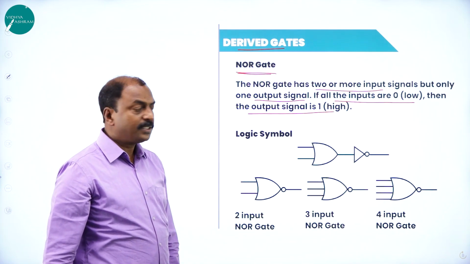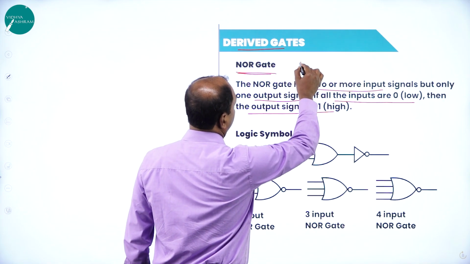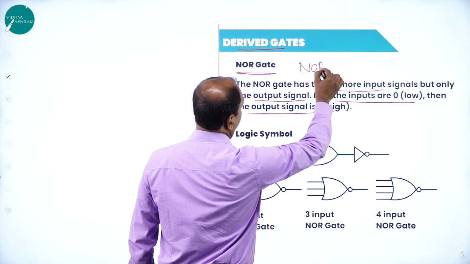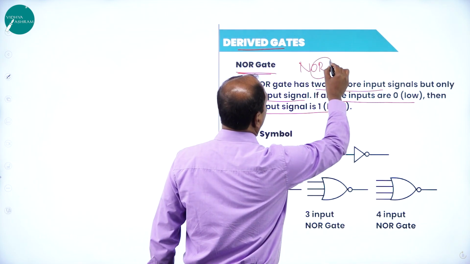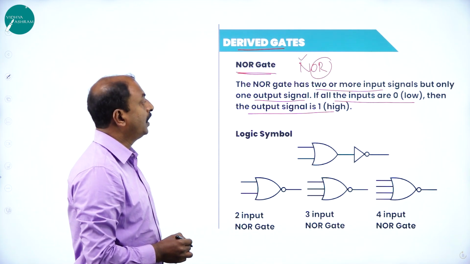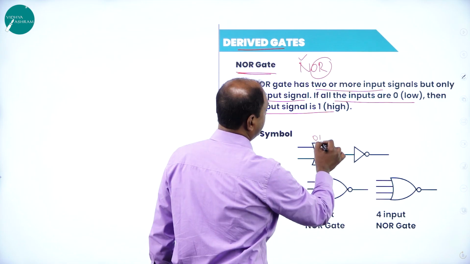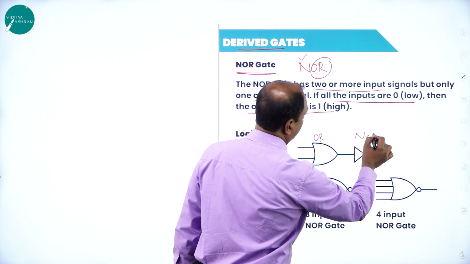And if you observe this, here derived gates, NOR gate. We represent it as OR gate followed by NOT gate. That is how we represent the symbols. If you look at the symbol here, this is the OR gate and this is NOT gate.